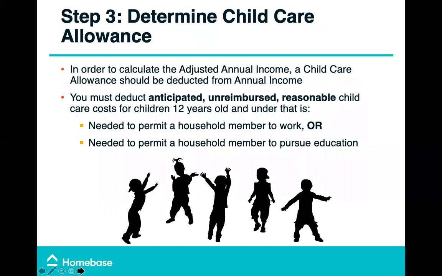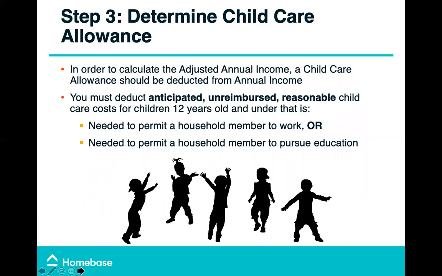Step 3, you're going to want to deduct any child care allowances. So again, you have to deduct anticipated, unreimbursed, reasonable child care costs for children 12 years old and under. And those costs have to be necessary to permit a household member to work, or to pursue education. So some tips for you on this.